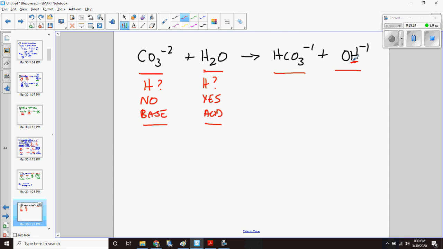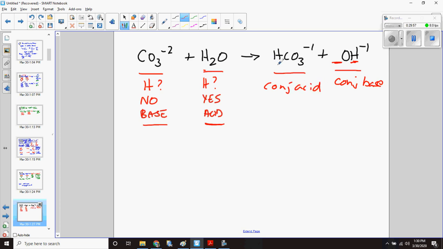If that's the case, then OH has to act like a base because it's only got a spot right here to accept another proton. So OH negative has to be the conjugate base, which is produced by the acid. Acids produce conjugate bases, which means the base has to produce a conjugate acid, right? Base produces conjugate acid.